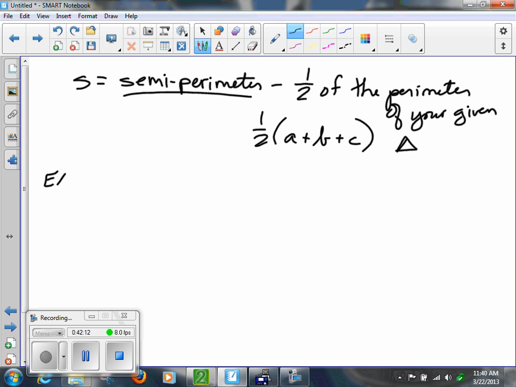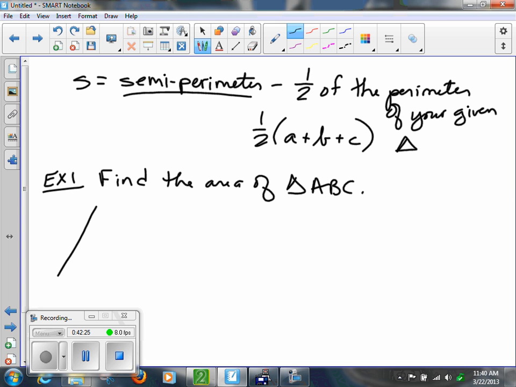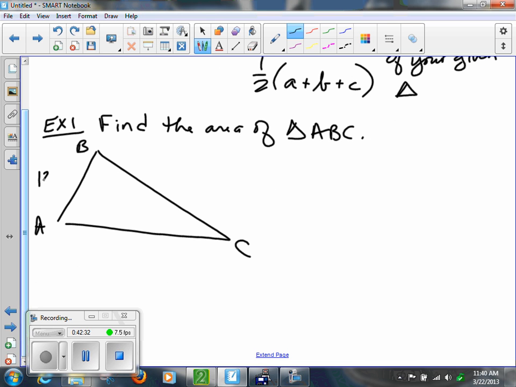And here's an example. Very straightforward, a lot of calculator work. Find the area of triangle ABC. And here we go. If you miss something, you watch the video. I'll post it this afternoon.